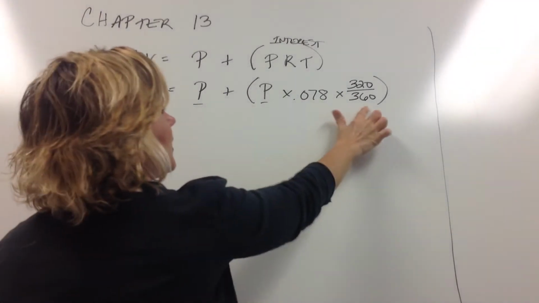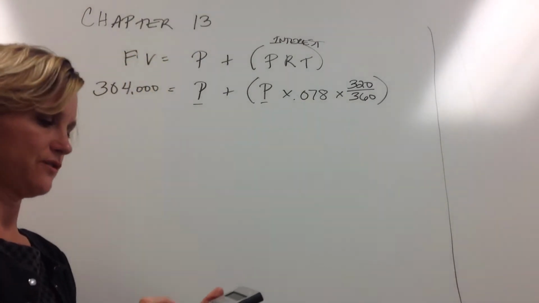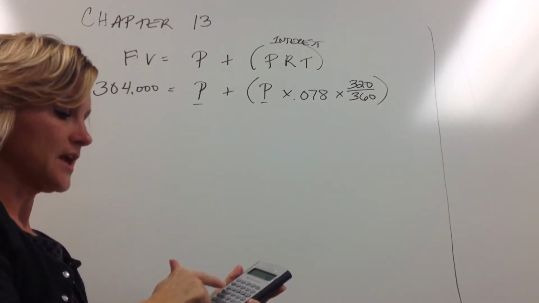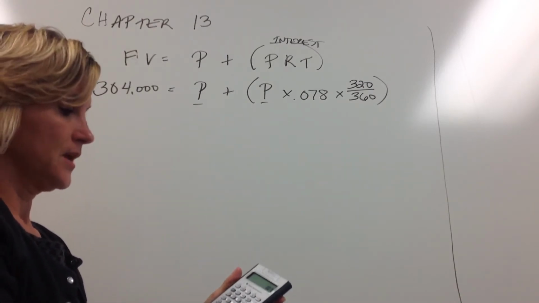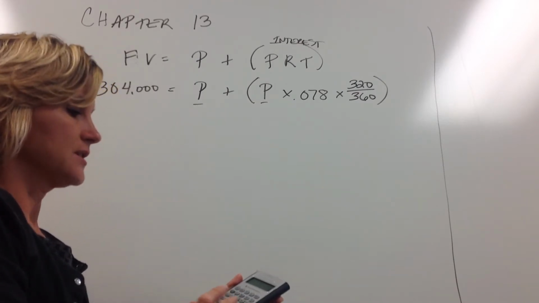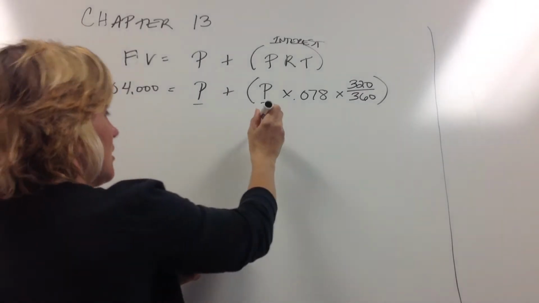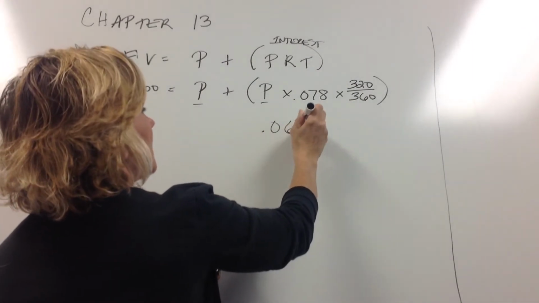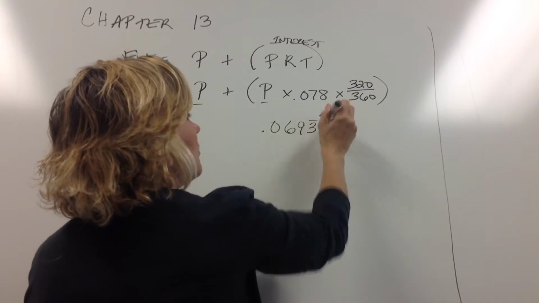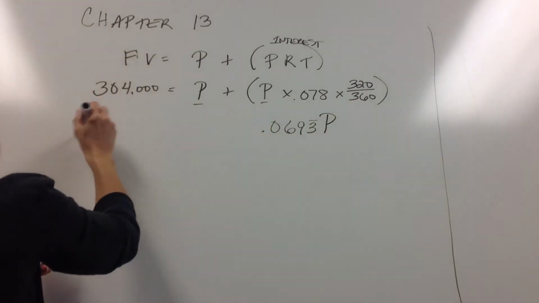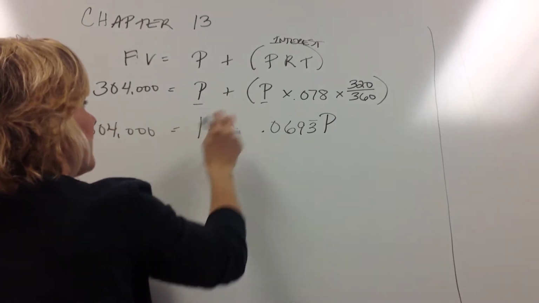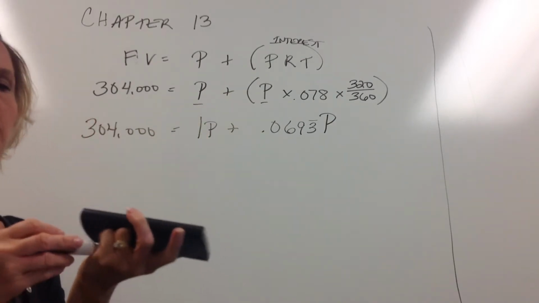So we can multiply what we can in our parentheses. If I take 0.078, or 7.8% if you like to use your percent button, times 320 divided by 360, I get 0.0693, and the 3's just keep going, still multiplied by my P. What I can't forget is I have one whole P on that part of the equation.